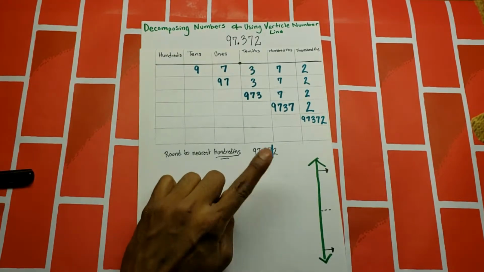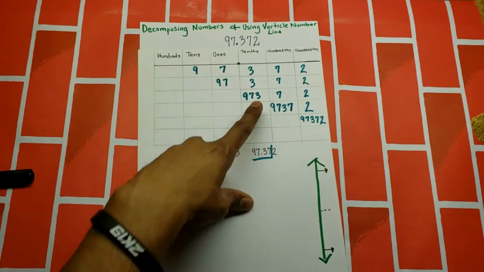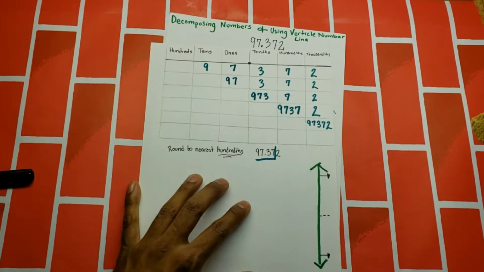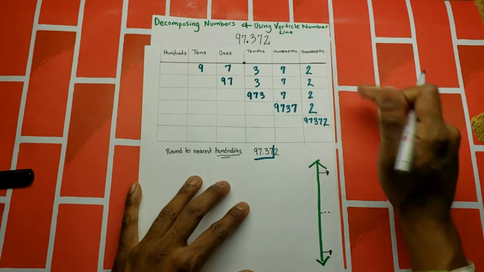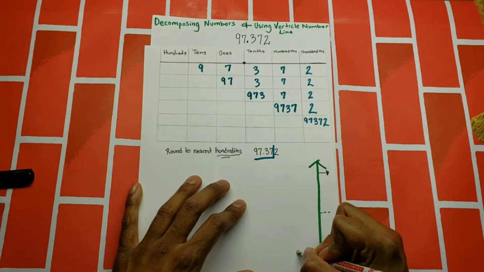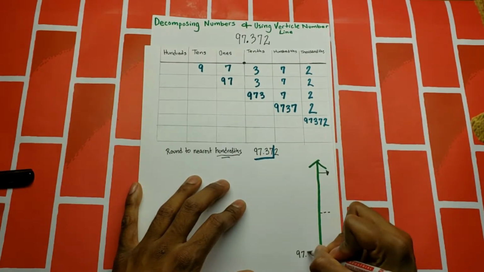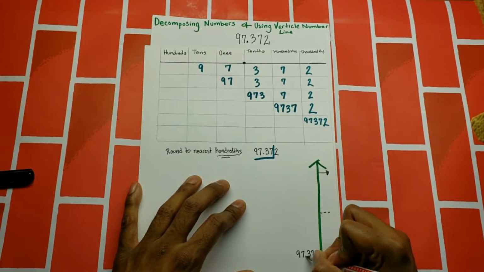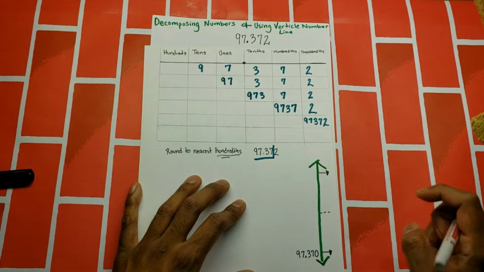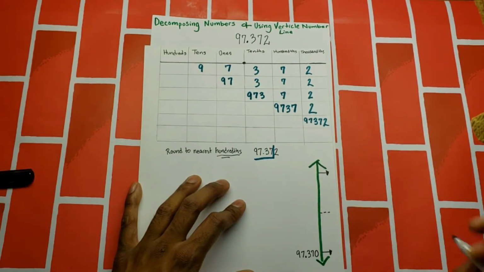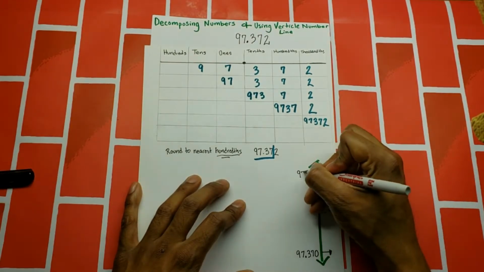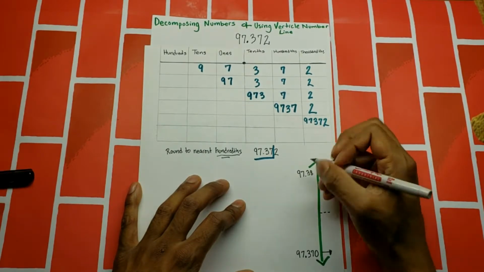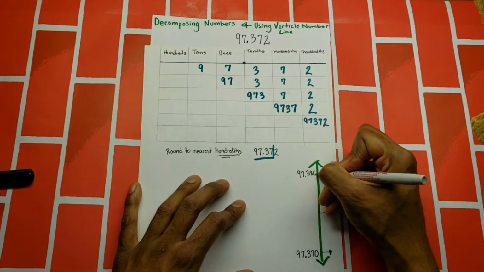So that is our base value. And if we did the same here and we wrote this in decimal form, we would get the same value. So I'm writing my base value, which is 97.37. And we usually add a 0 here to help our students determine the halfway point. Now the next hundredths up would be 97.38.